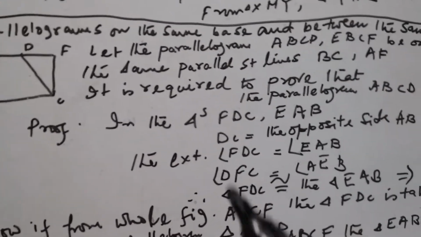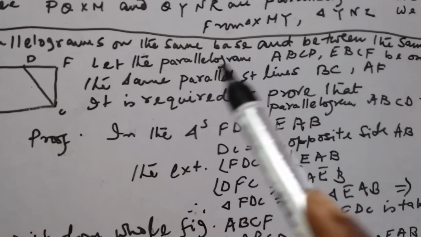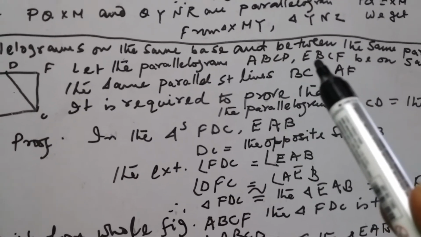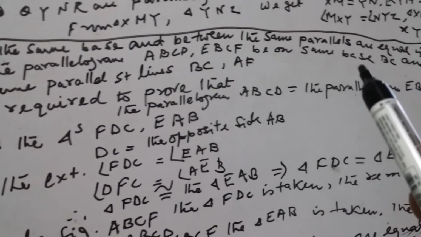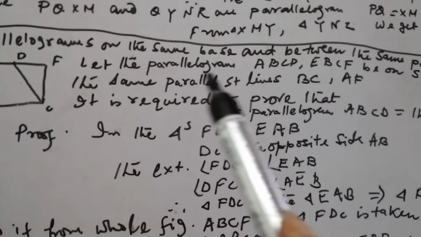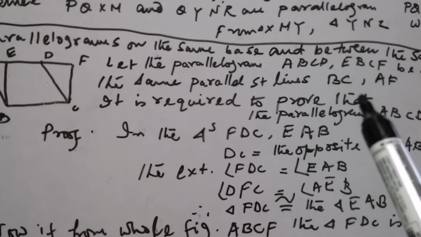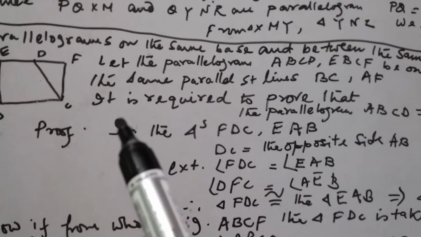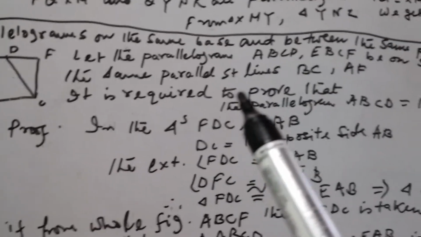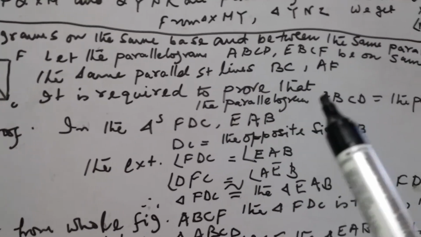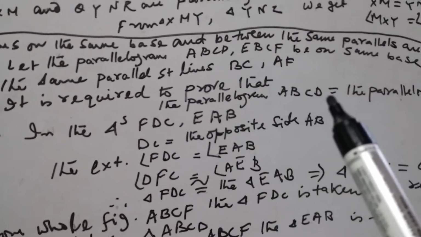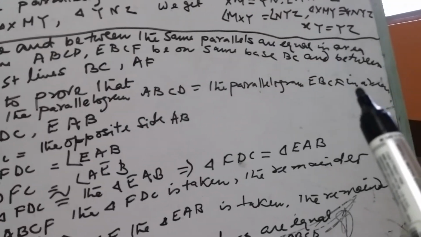Now let the parallelograms ABCD and EBCF be on the same base BC and between the same parallel lines BC and AM, which I already told. It is required to prove that parallelogram ABCD is equal to parallelogram EBCF.